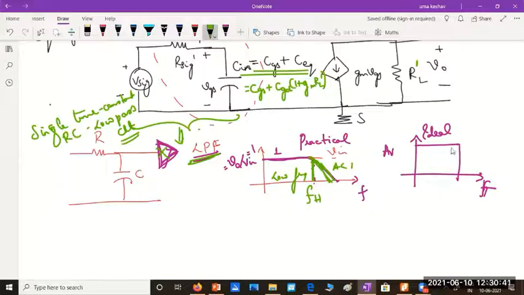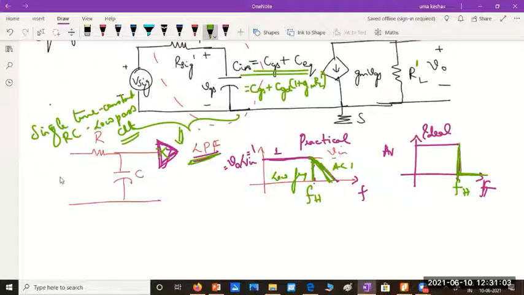The ideal filter response for a low pass circuit looks something like this. It should be a sudden change from maximum to minimum at the cutoff frequency. But practically it won't happen like that, it will be a gradual change. So which circuit gives us this kind of response? It is a circuit like this.